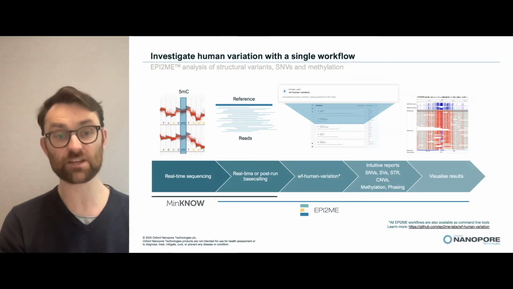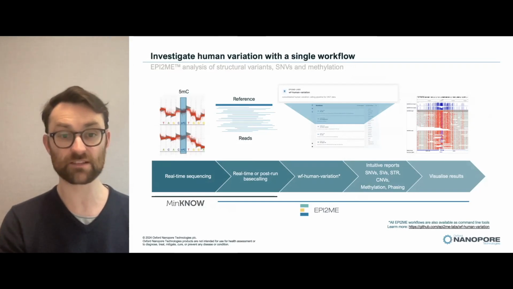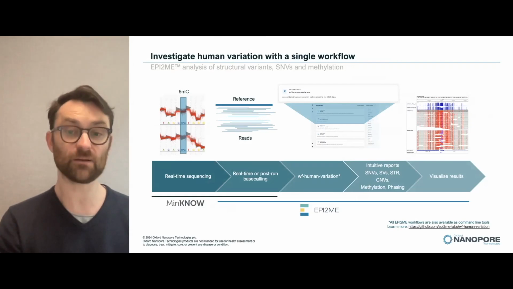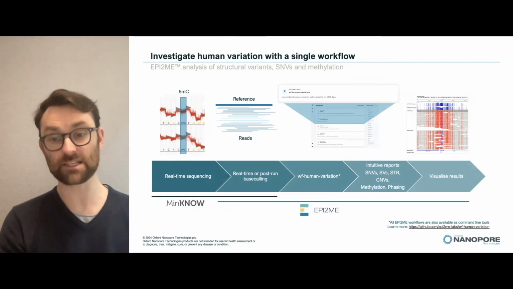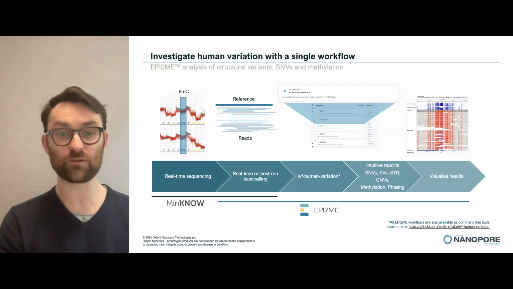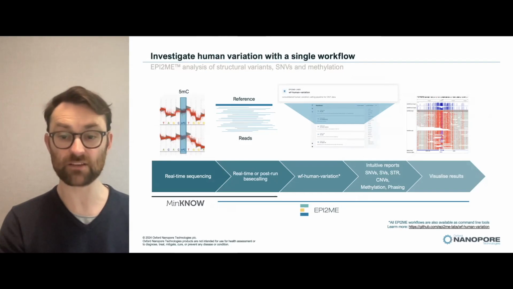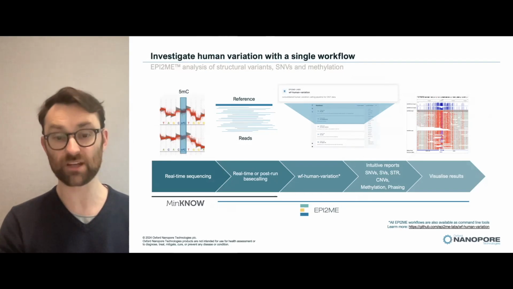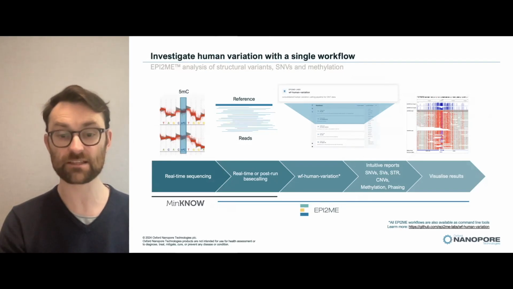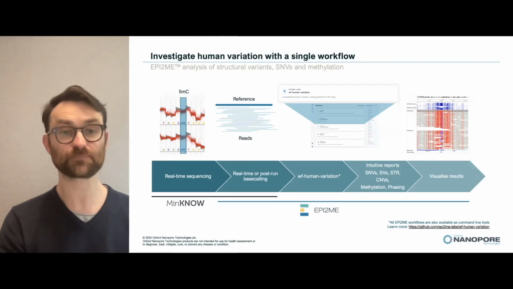If you want to do methylation, make sure that you select methylation calling during your sequencing in MinKNOW. We can also do phasing. On top of the HTML report, you also get BAM files, and these files can be visualized in third-party software where you can carry on further analysis on the sample.